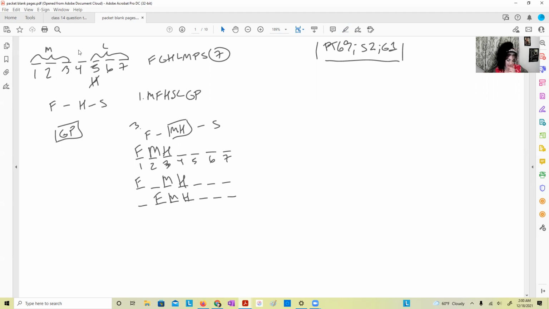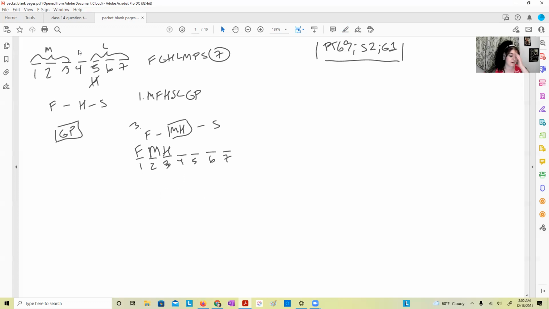This last template with M on 3 wouldn't work because S would have to come after, and also L would have to come in the last 3. And then where would our GP block go? This is not going to work because we would need S, L needs to be back here, and we need our GP block. That's too much stuff. It won't fit. So we can say that these ones aren't going to happen.